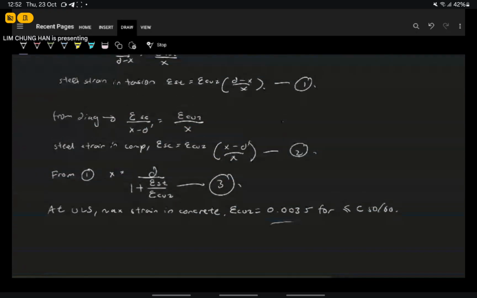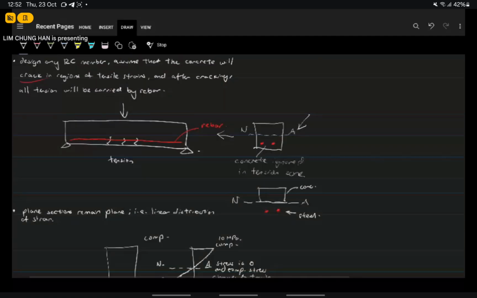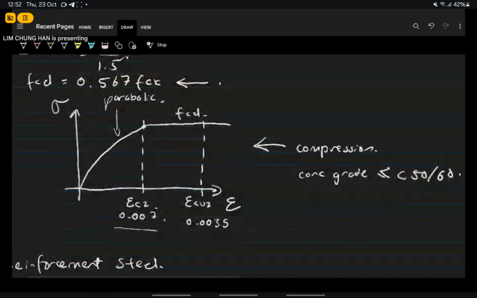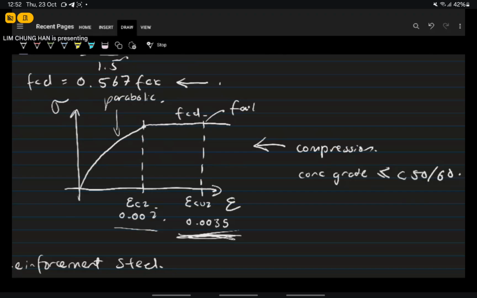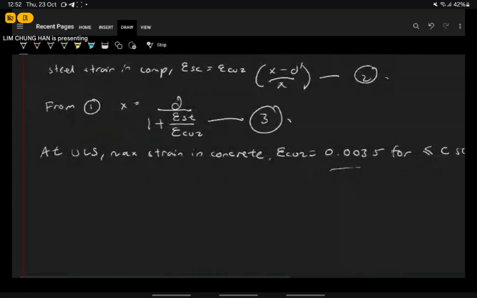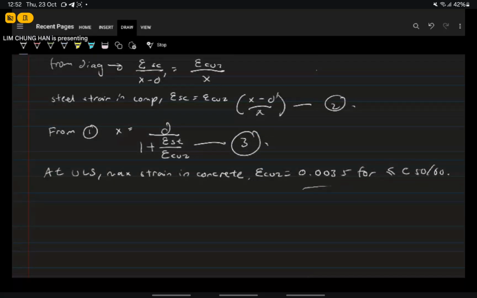Where is this from? You go back to earlier. Right at the beginning of the lecture, I gave it to you. That's why I told you to remember this number, 0.0035. That is the strain at concrete failure.